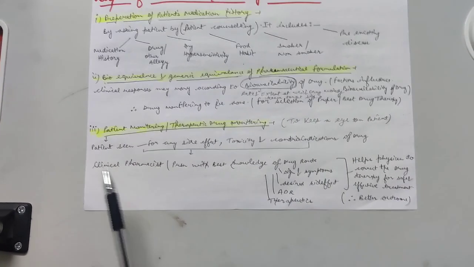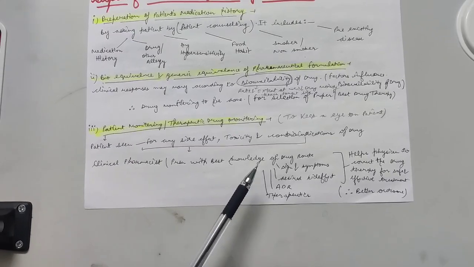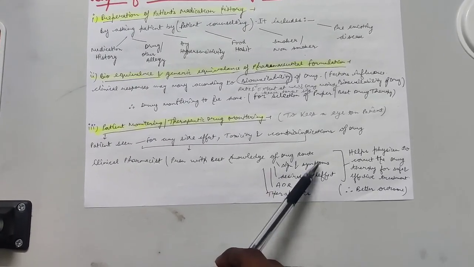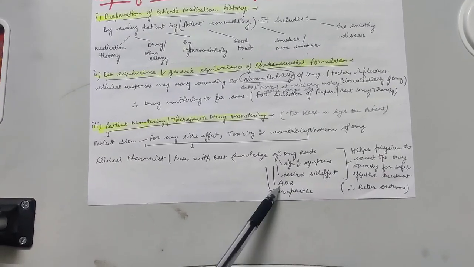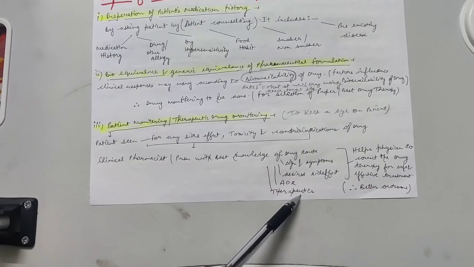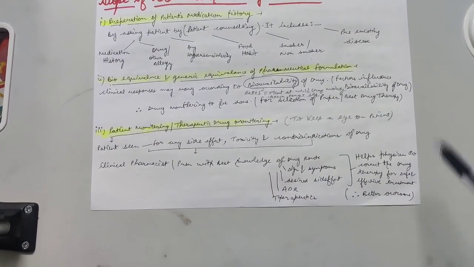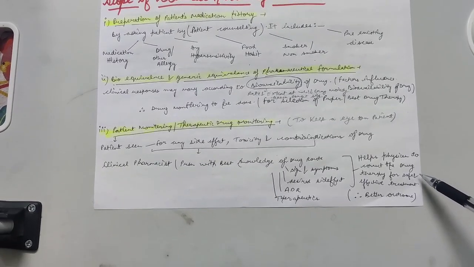It is the main task of the clinical pharmacist, as this person is the most knowledgeable person who knows about the drug routes, signs and symptoms, desired side effects, possible side effects, any ADR, pharmacotherapeutics, and pharmacokinetics of the drug. Therefore the clinical pharmacist helps the physician to correct the dose therapy for safe and effective treatment.